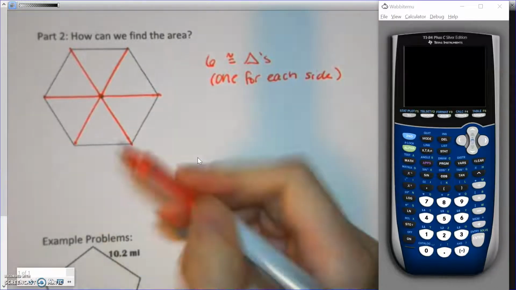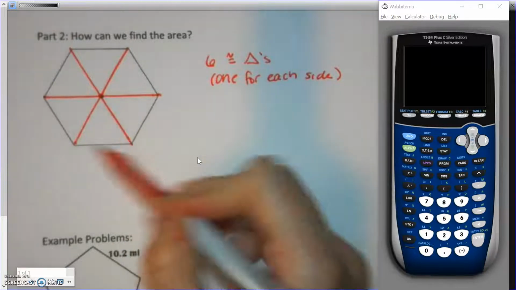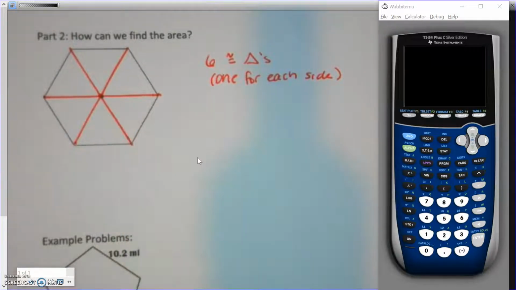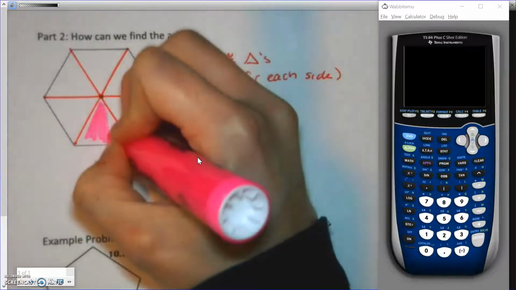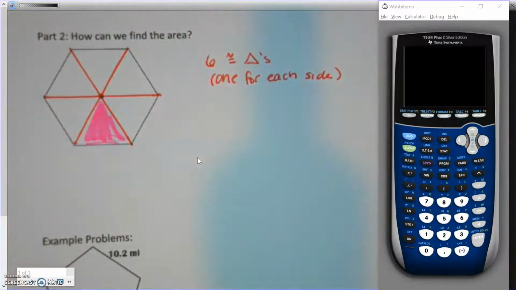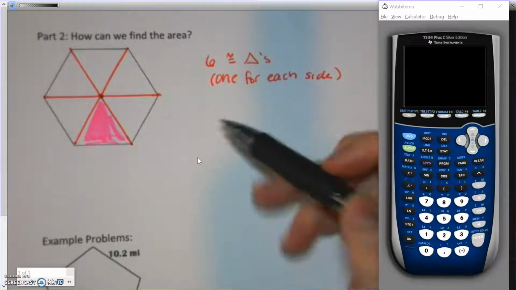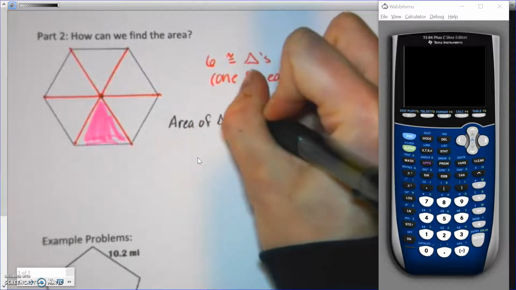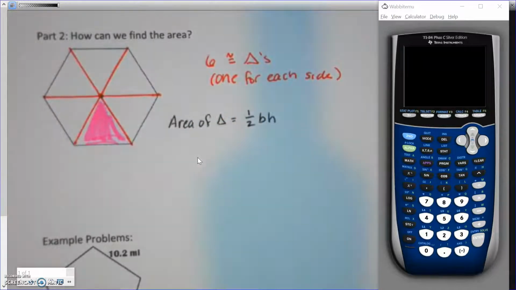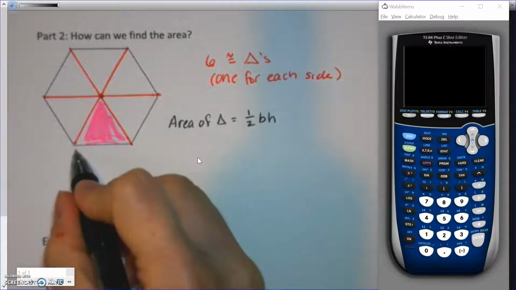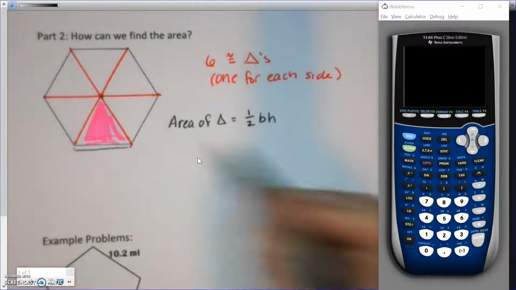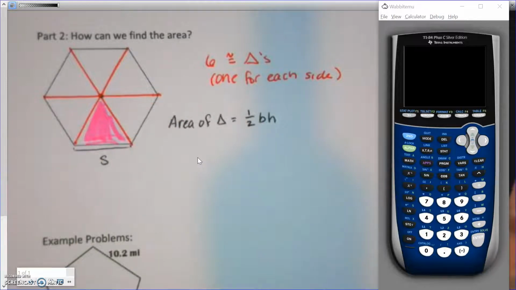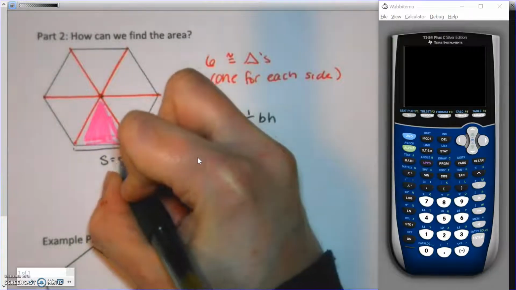So if I can find the area of one of those triangles, then I can just multiply that by 6 and find the area of my entire figure. So let's think. Area of a triangle is 1/2 base times height. And if we think about these triangles, the base of all of them is our side length, right?